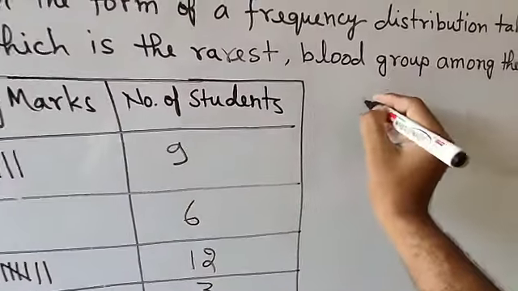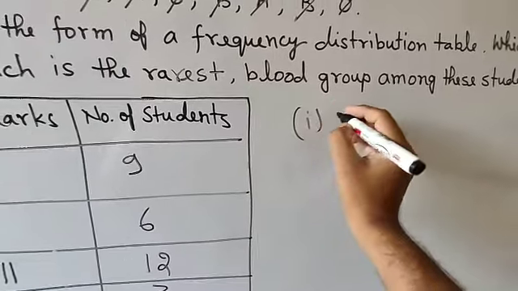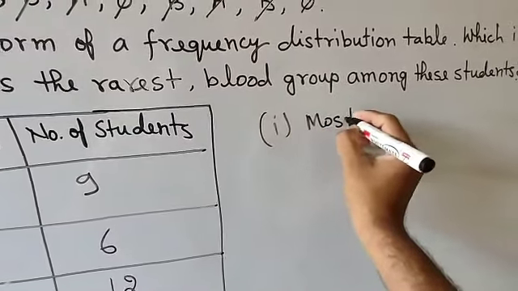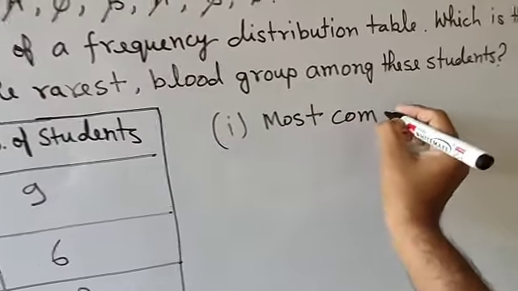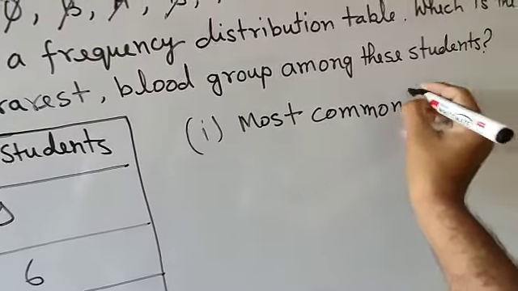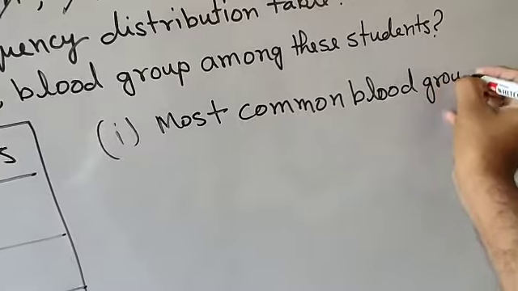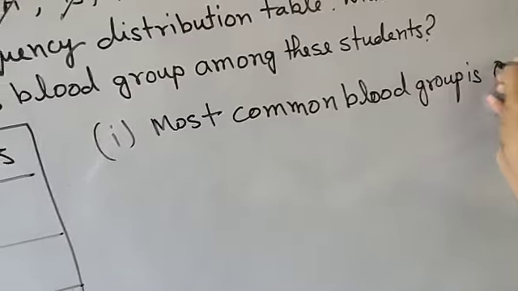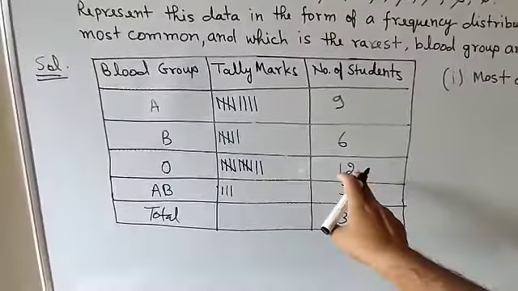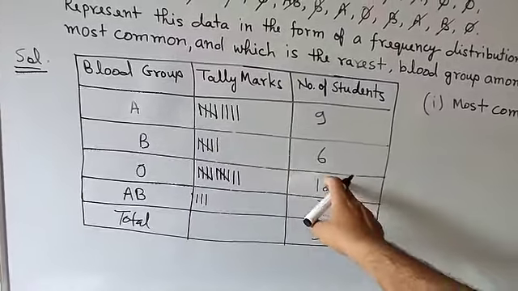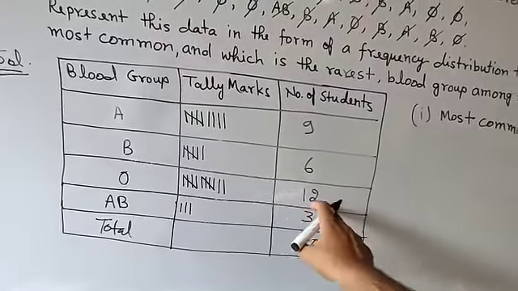So here you will write, for the first, the most common blood group is O. The reason is that blood group O has the maximum number of students.